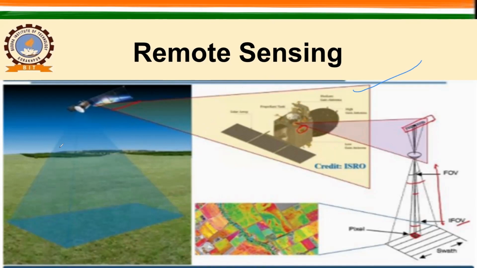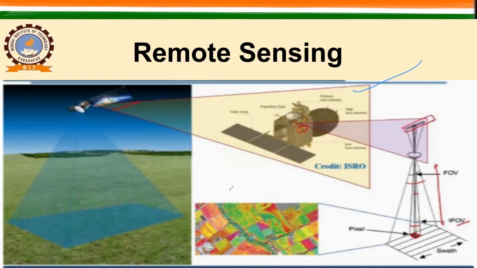So if you see the next enhanced or zoomed version, here you can see an array of detectors which are sensitive in a particular wavelength region, and one detector is looking at only one pixel.